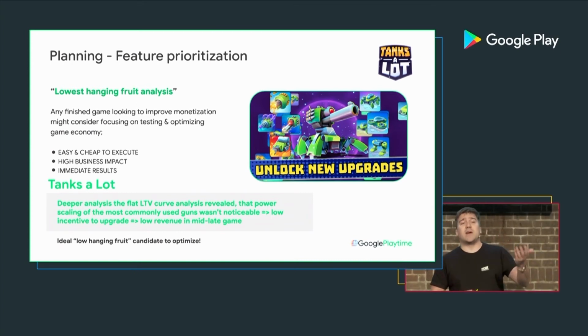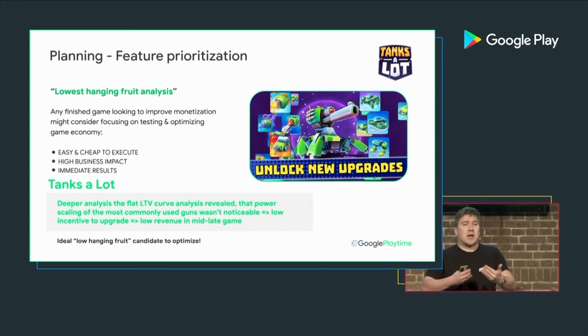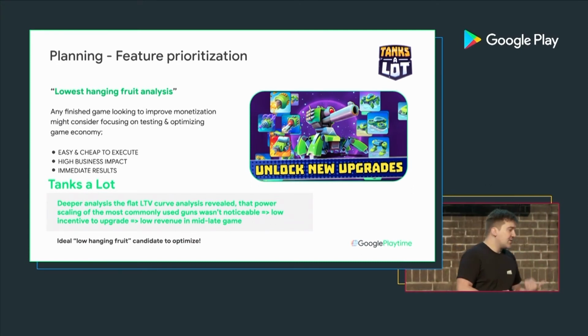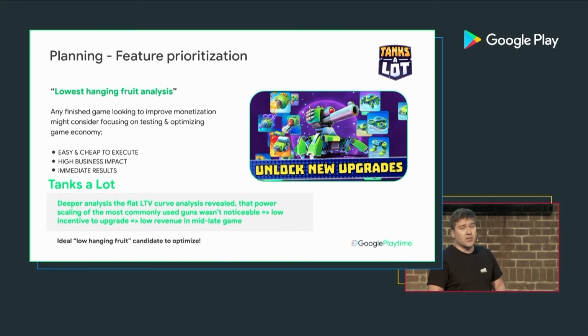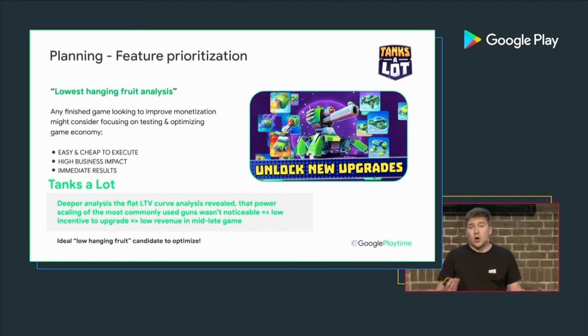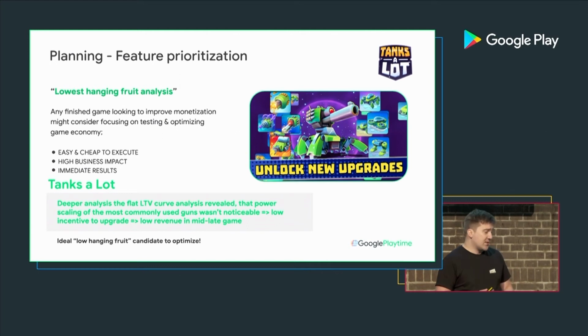So after you invest into upgrading those, many players and payers noticed that the outcome isn't as dramatic on the gameplay as it should be, so there was no intention for them to upgrade more. So this is the hypothesis we went with, that maybe the reason why we see the LTV curve flattened is that we are not actually offering enough value with the upgrade system of our most used guns.